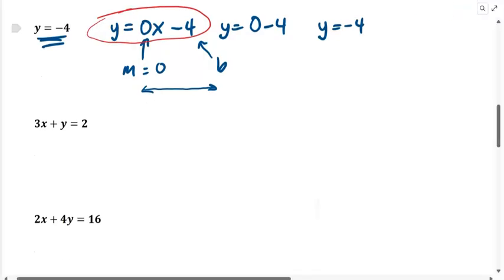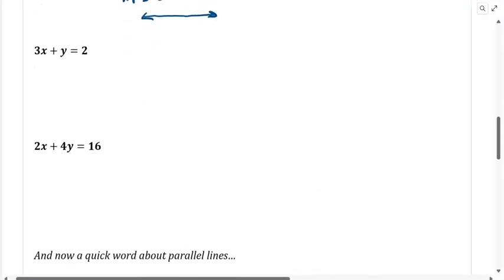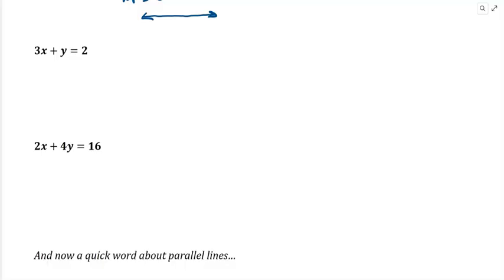All right, let's look at the next one. Now this one requires more work than the other one. So let's look. 3x plus y equals 2. All right, well, we want to make sure we get y all by itself on the left-hand side, so I have to subtract 3x from both sides of this equation.